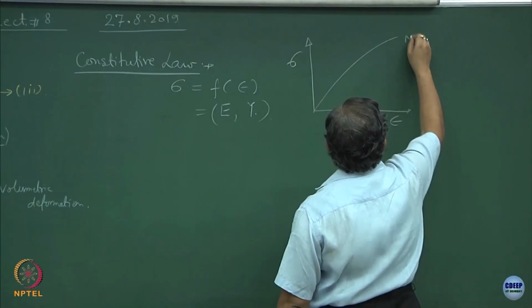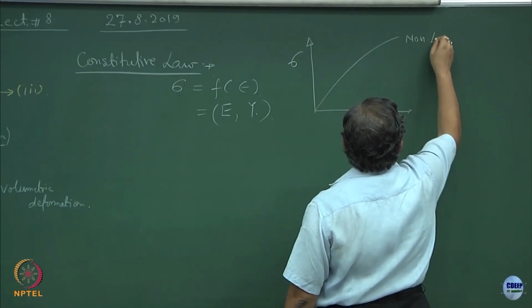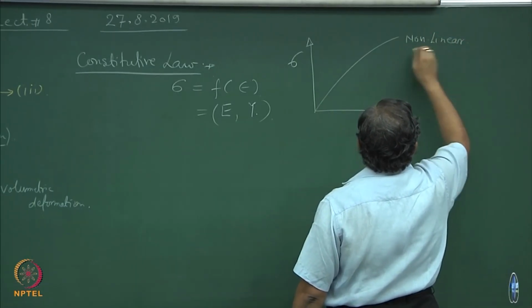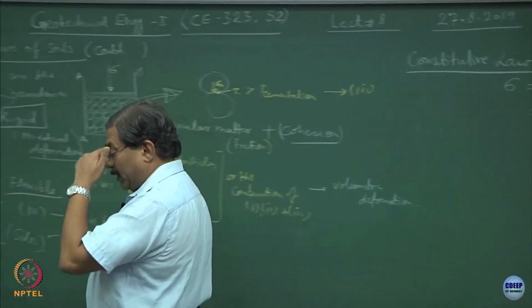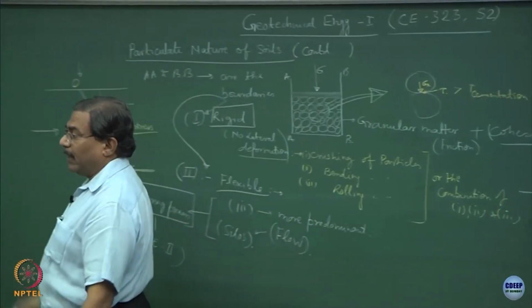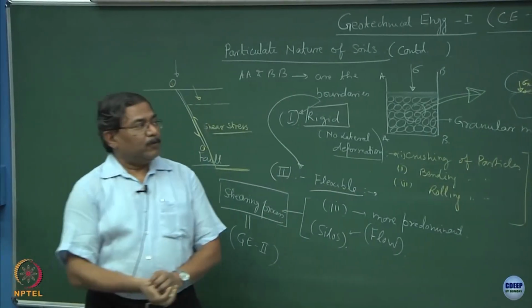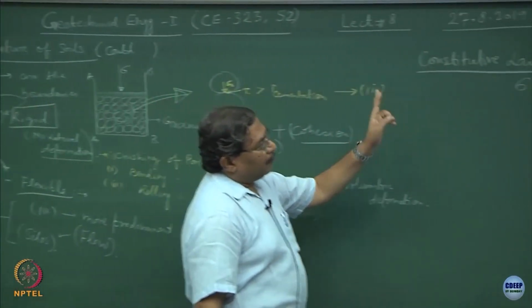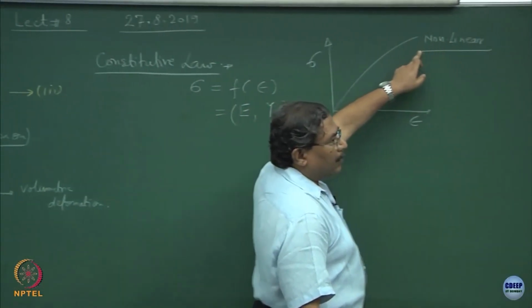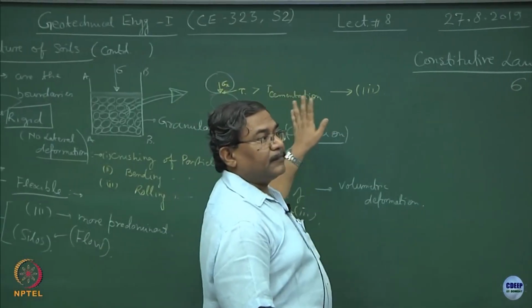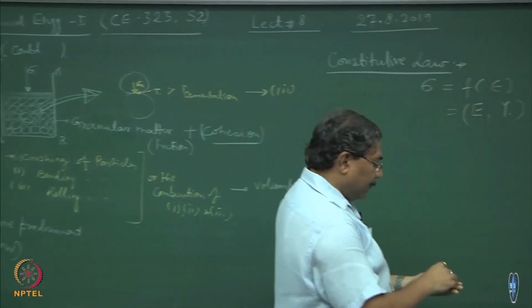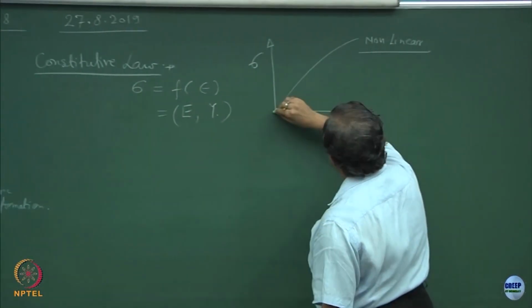Now, this is what is known as material nonlinearity. Those of you who might be studying FEM, finite element methods and all, would be using these concepts quite a lot. So, the material is nonlinear. Why? Because of all this. It is not a linear material. A linear material would have been something like this.